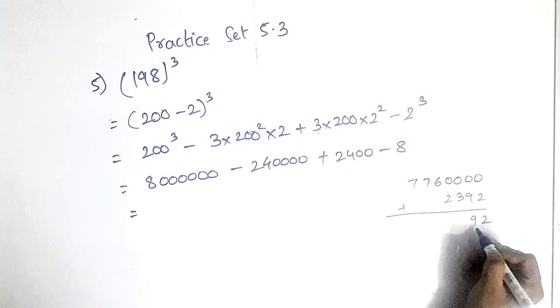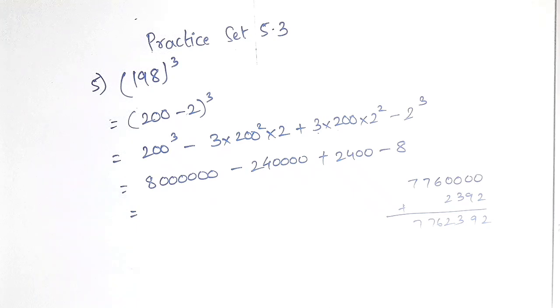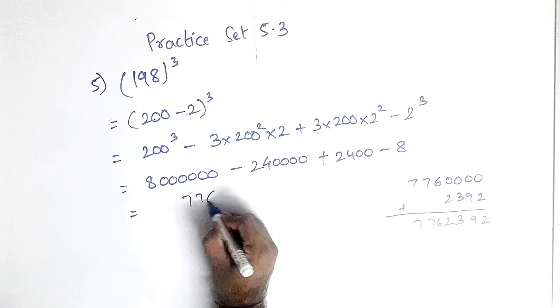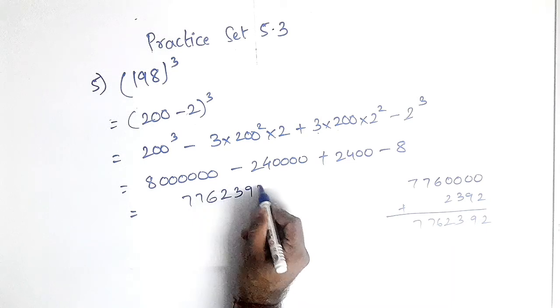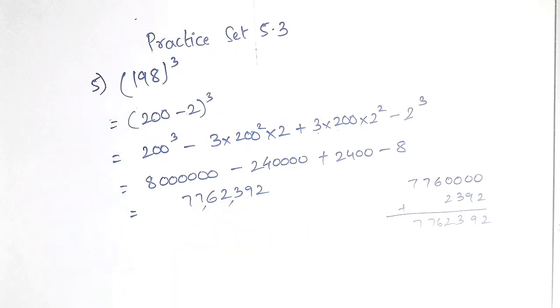So this will be 77,62,392. Okay, so your answer is 77,62,392. Okay, let us move on to sixth one.